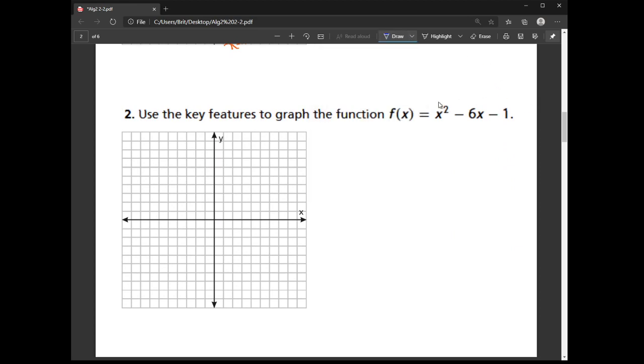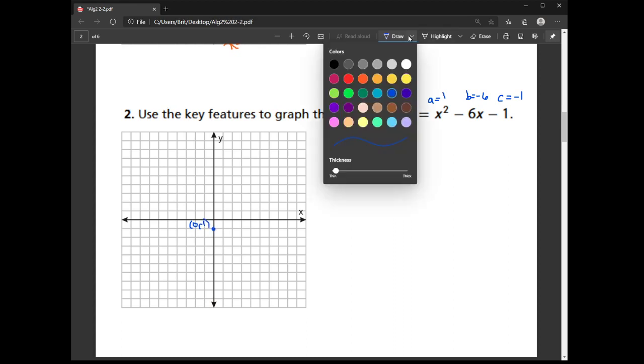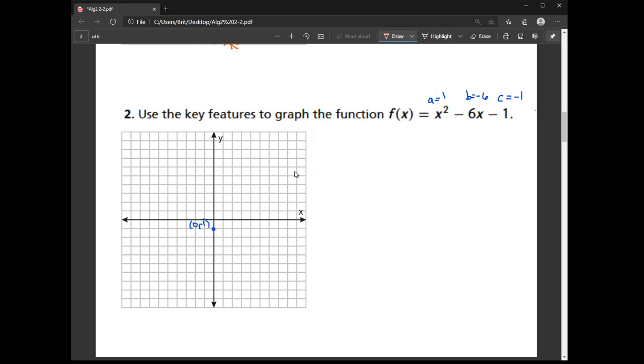Alright, so first let's find A, B, and C. Our A is 1, B is -6, and C is -1. So I can use that y-intercept of -1 to get my first point right away. Alright. Next up, I'm going to find our axis of symmetry.